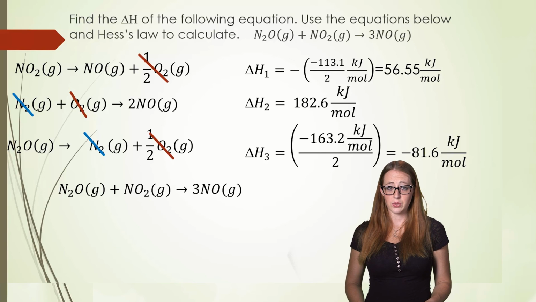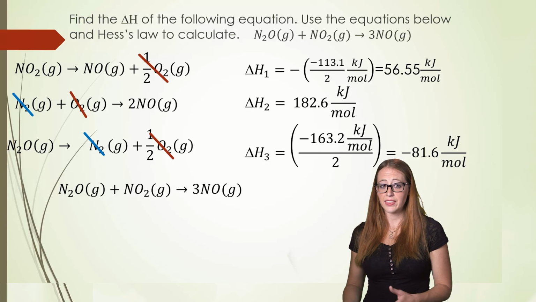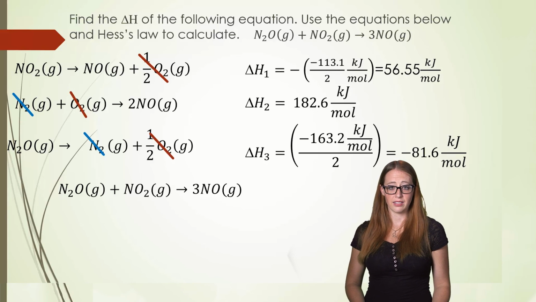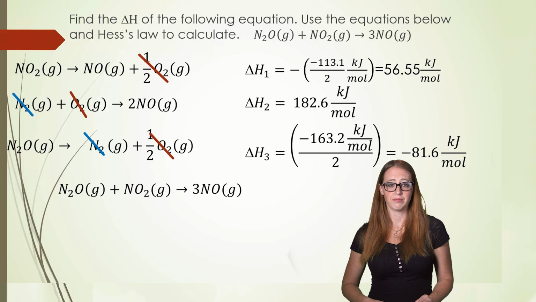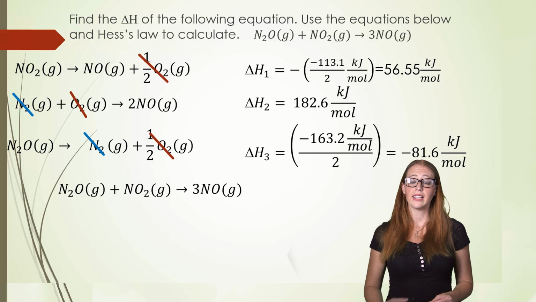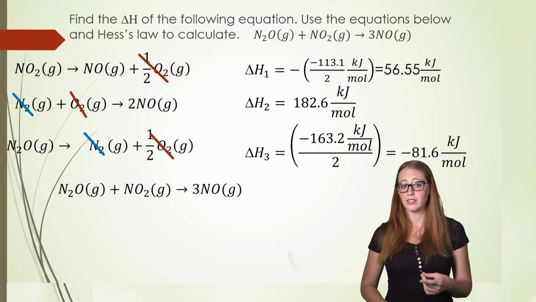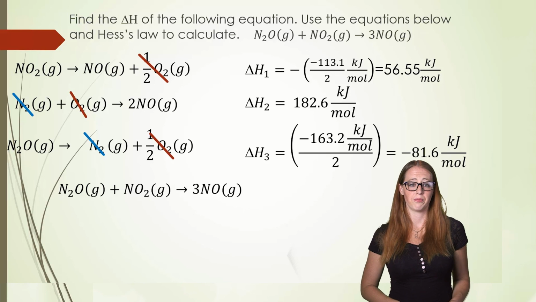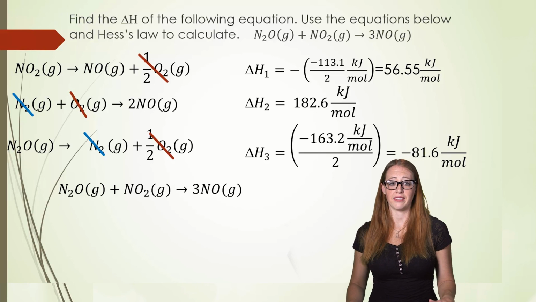We have an NO2 in our reactant side, and that's what we want for our final reaction. We have an N2O in our reactant side, which is what we want for our final reaction. And then on the product side, we have a total of 3 nitrogen monoxides, 3 NOs. And that comes from the first equation having 1 and the second equation having 2. So we have everything that we need.